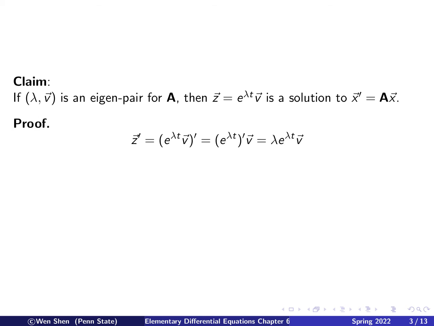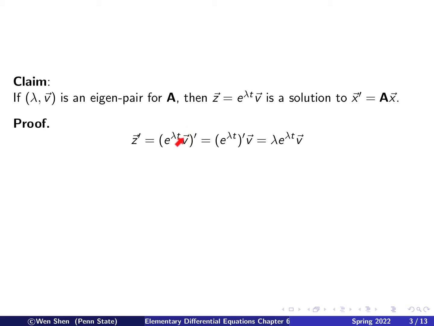Okay, let's take a look at the proof, which is just like a two-line proof. We want to show that z is a solution to this problem, which means we want to show that z given like that satisfies z prime equals A times z. So let's look at z prime. z is this function, so we differentiate it with respect to t.